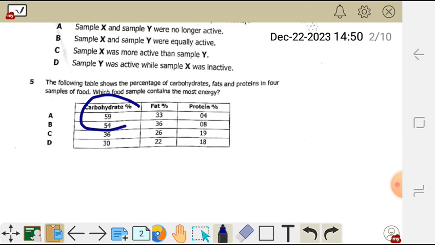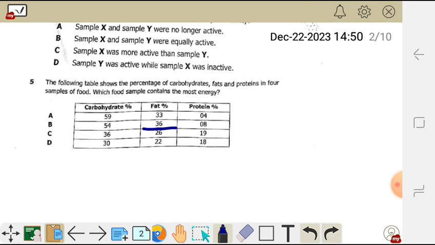But carbohydrates have a low amount of energy as compared to fats. That's why here we are considering 36, because fats produce double the energy that is produced by carbohydrates. So the change here from 59 to 54 is less as compared to the change from 33 to 36.